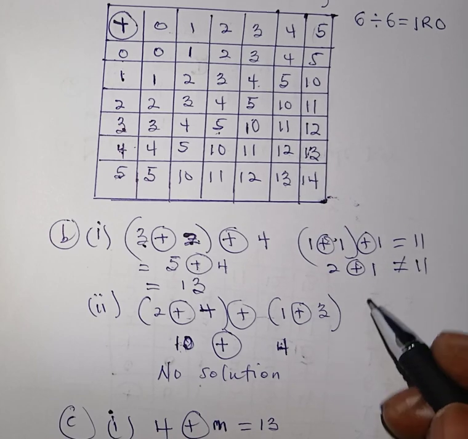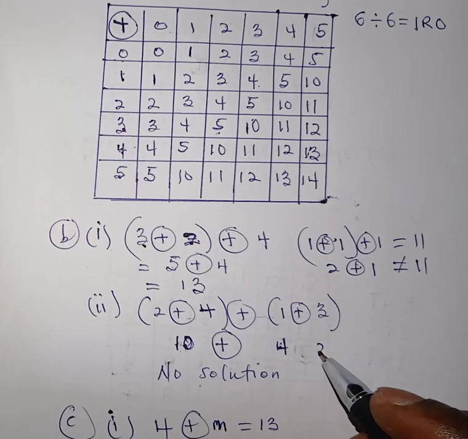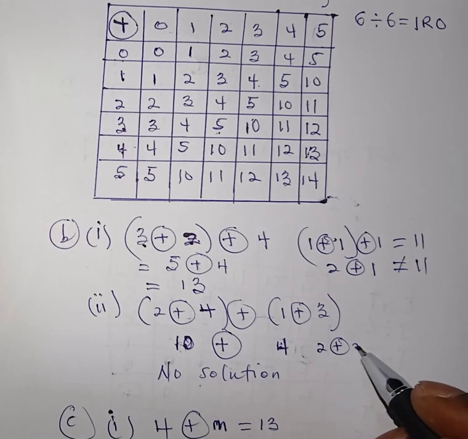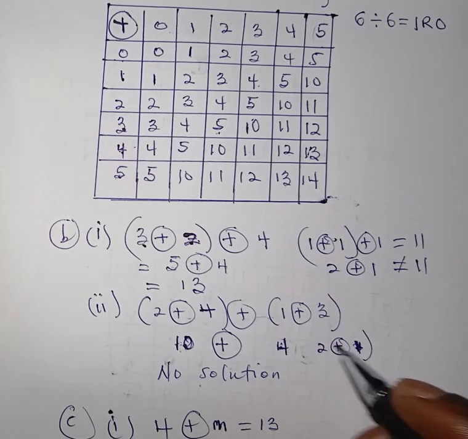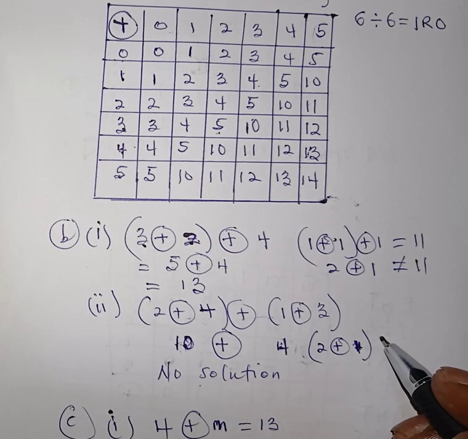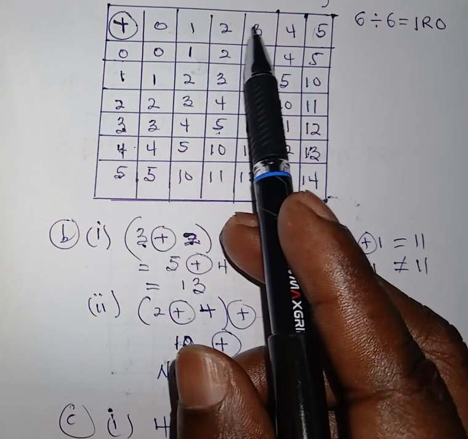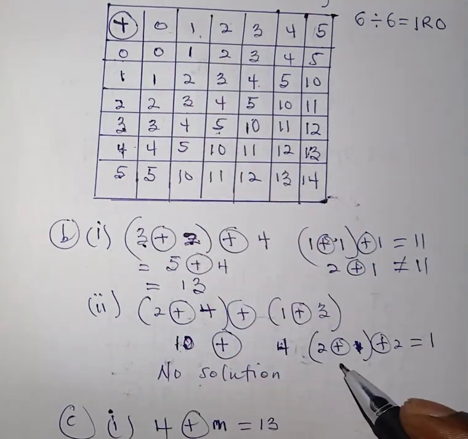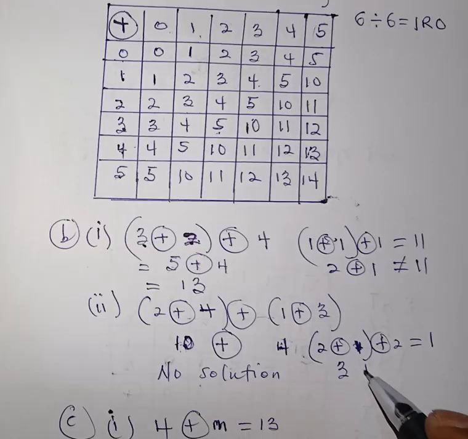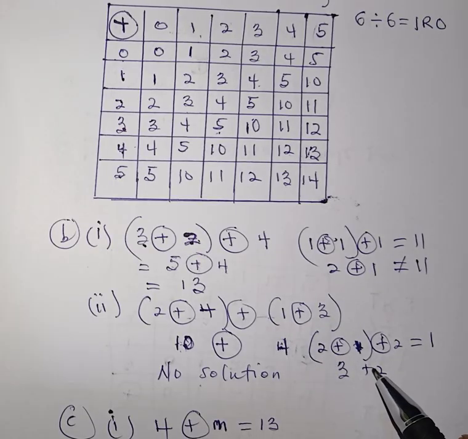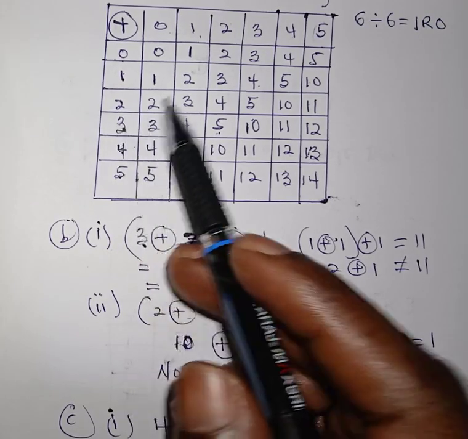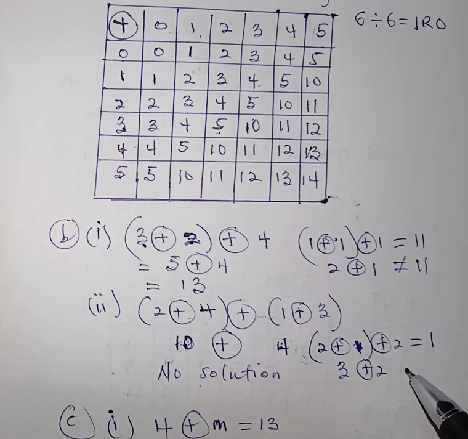So we test again. We try 2 plus 1 and plus 2 again. Is it going to give me 11? On the table, 2 plus 1 gives us 3, plus 2 gives us 5, which is not equal to 11 as well.